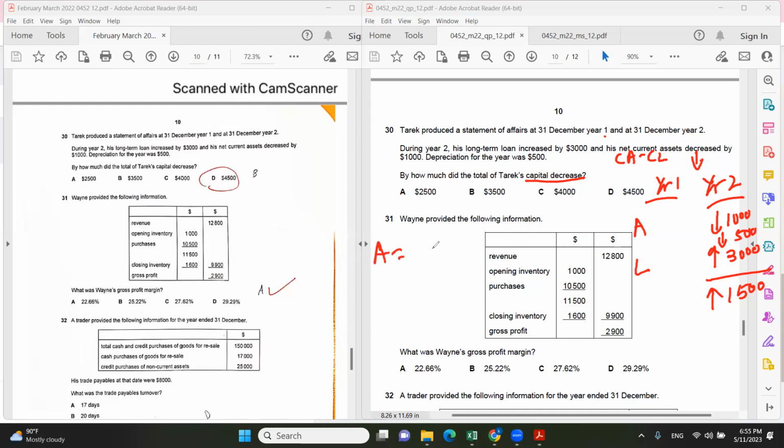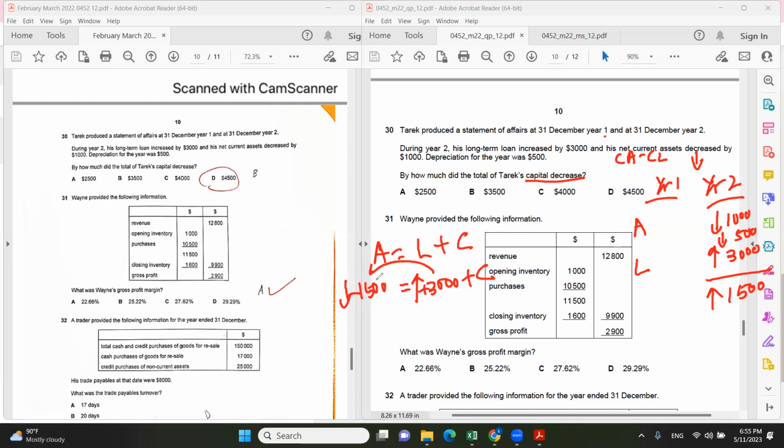Asset equals liability plus capital. So my liability increased 3,000, and then my asset decreased 1,005. So this is plus, this is a minus.